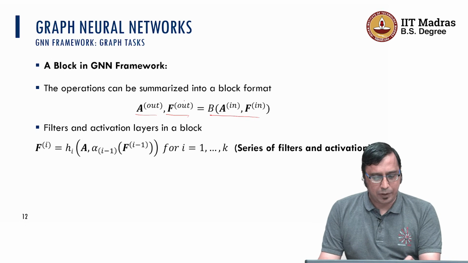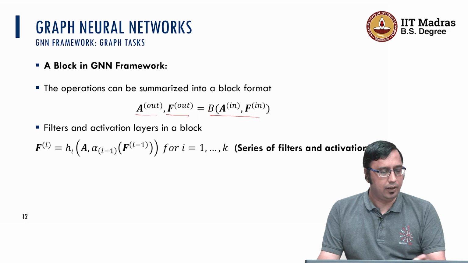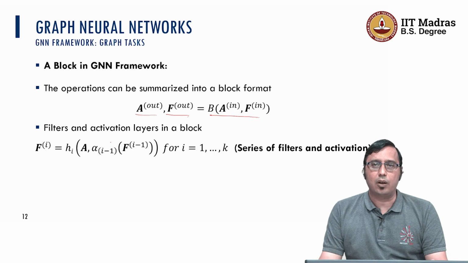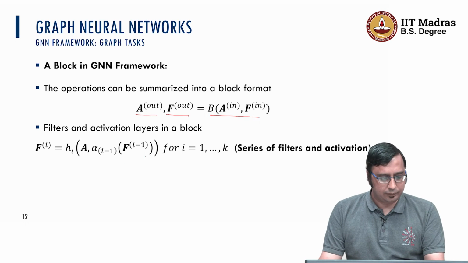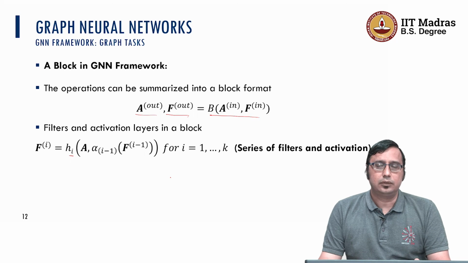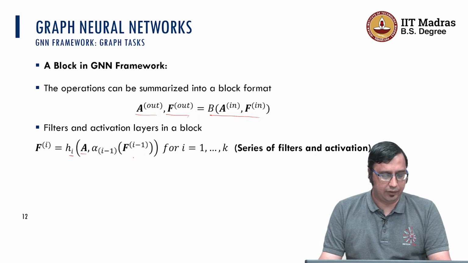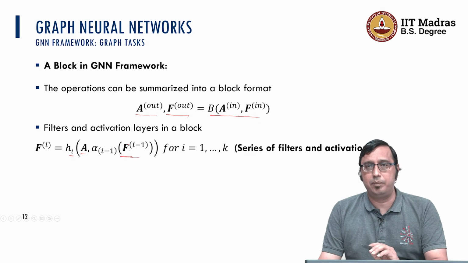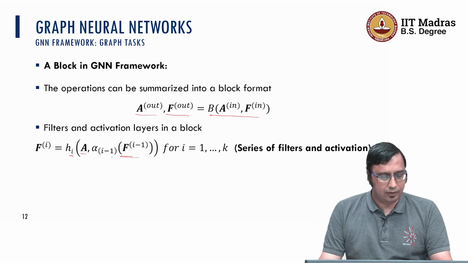Here, this particular B, if you look at it more closely, will have filtering operations and activation operations in a block, where the ith filtering operation will have the adjacency matrix, and F I minus 1, which is the feature learnt in the I minus 1th layer, with the activation function applied on those features.